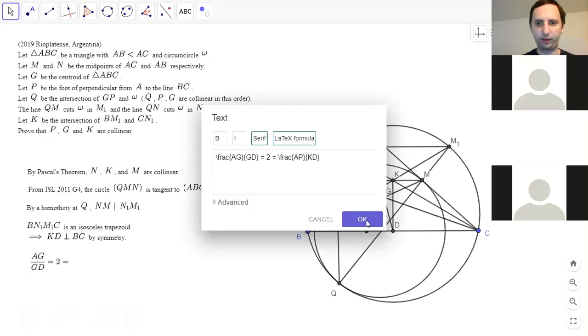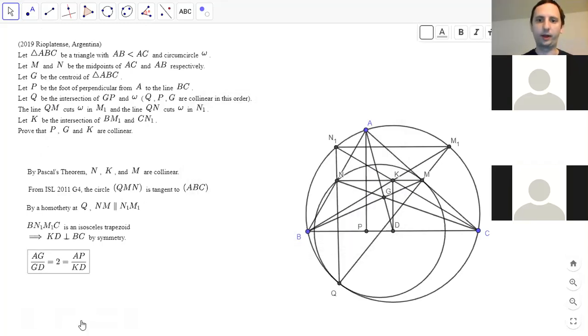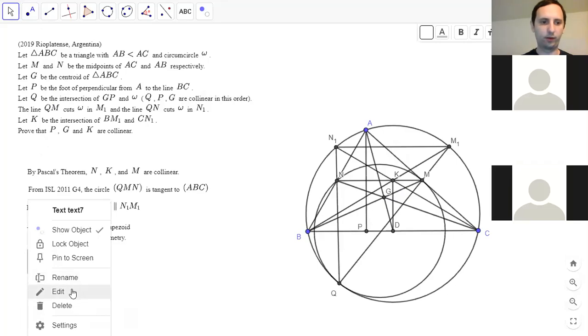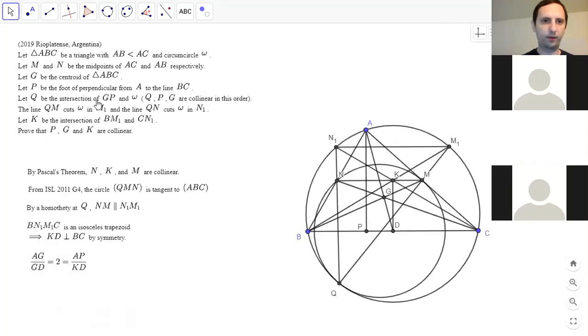And that means that K, G, and P are collinear. And that solves it. Hold on just a sec.